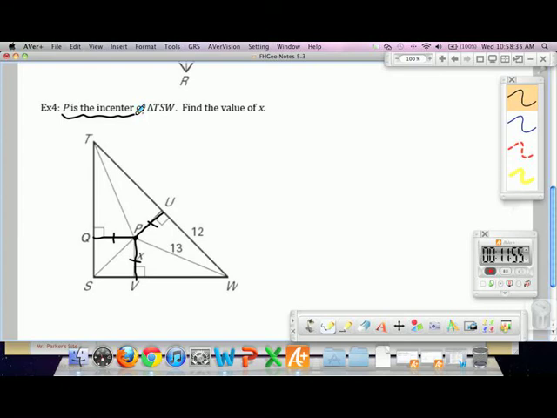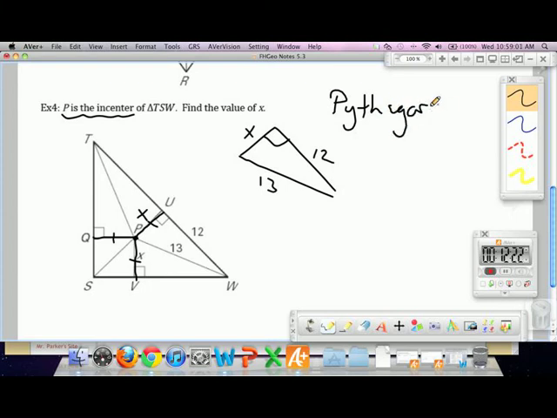Since these are all the same length, that means this thing is x. Which means you have a right triangle of x, 12, and 13. And if you ever want to find the length of a side of a right triangle, you can always use the Pythagorean theorem.